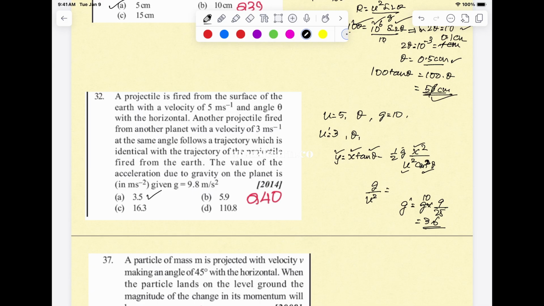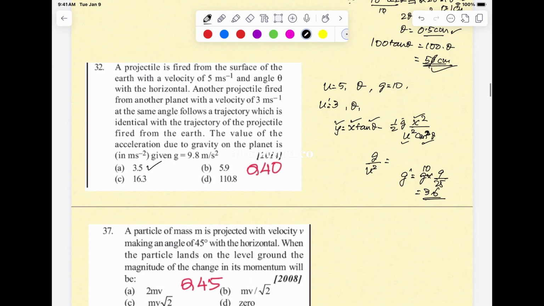Correct? Understood how we have done? Because the trajectory path is the same, the equation y equal to x tan theta, that particular equation has to be the same for both. Which means the only thing that is different, because theta is also given to be the same, is that u is different and therefore g is different.